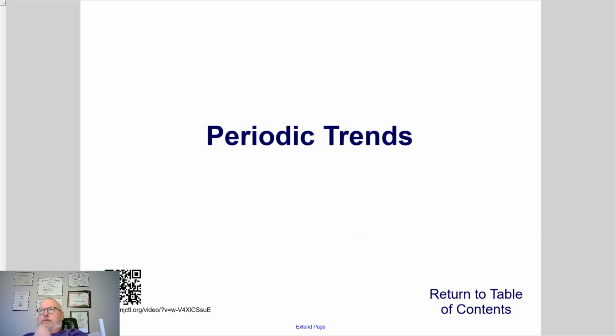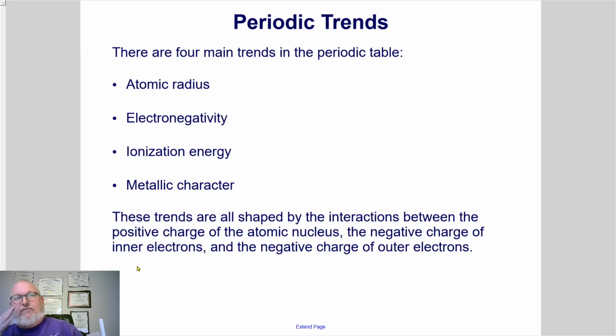And let's pause right there. Let's talk a little bit about periodic trends. Now we understand Coulomb's law and the effect of the electrostatic charges acting on the atom. There are four main trends that I want you to know about in this class.